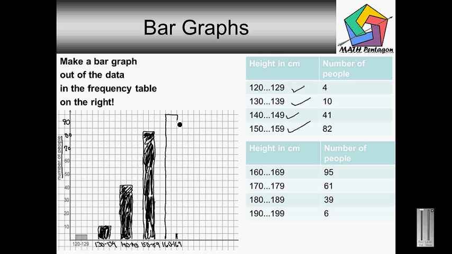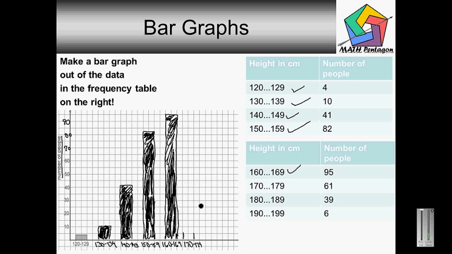So I go all the way down to connect with my bar, and I color in. Okay, so that's done with. In this case, let's go to the next one. We have 170 to 179.